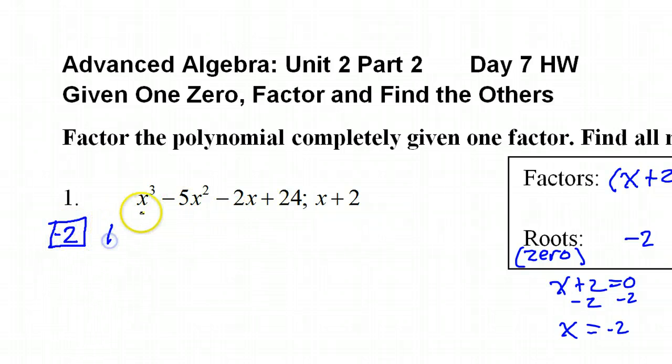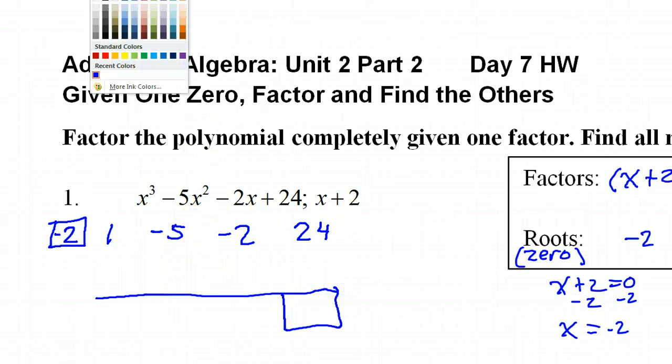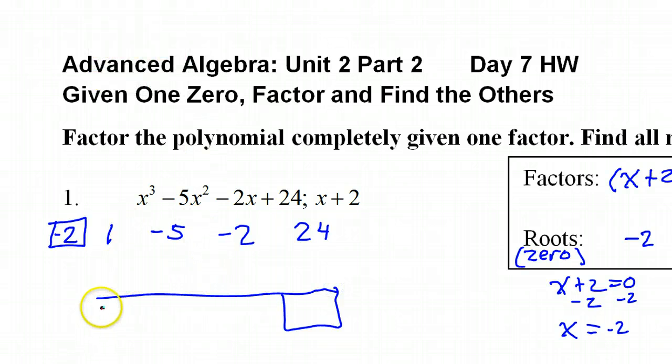Now the coefficients are 1, negative 5, negative 2, and 24. Okay, so with that in mind, I will continue. So I bring down the 1. 1 times negative 2 is negative 2.